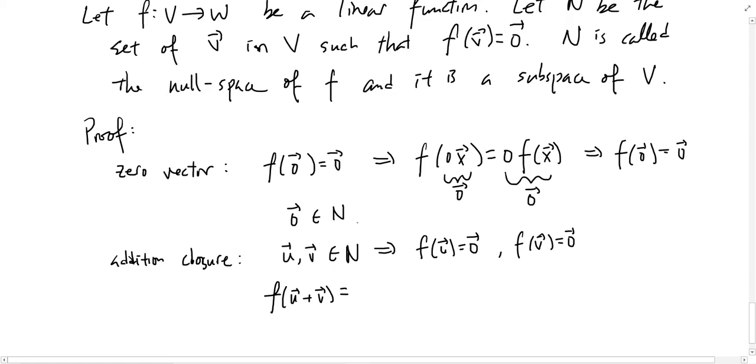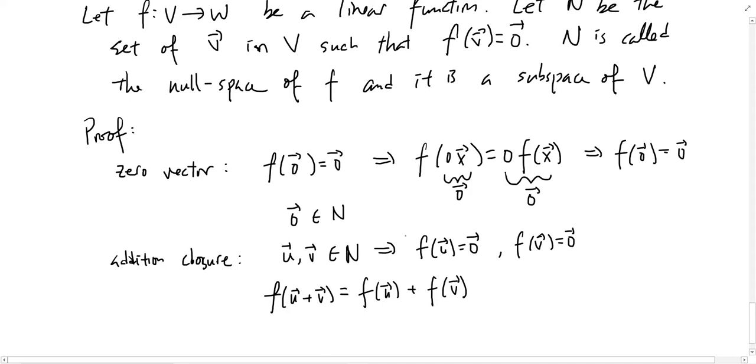Because f is linear, f of u plus v means the same thing as f of vector u plus f of vector v. That's because the function f is linear.